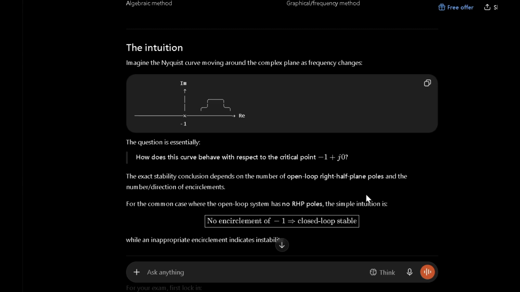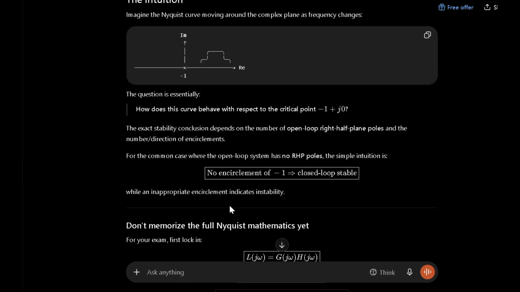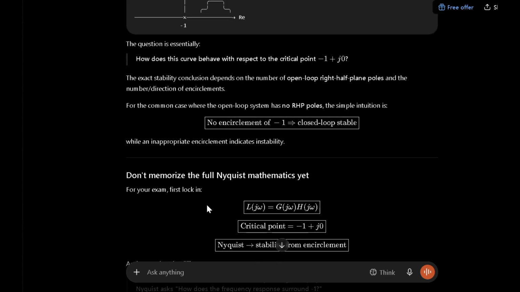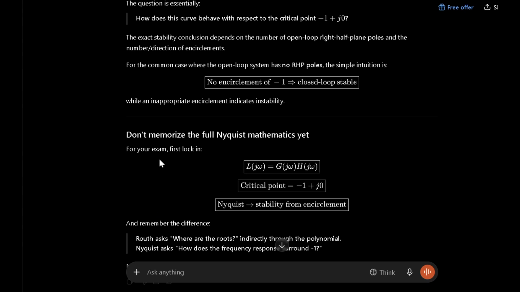In the common case where the open loop system has no RHP poles, the simple intuition is: no encirclement of -1 means the closed loop is stable, while an encirclement indicates instability. Don't memorize the full mathematics yet. Just look at L of j omega equal to G of j omega times H of j omega; the critical point is -1 plus j0.